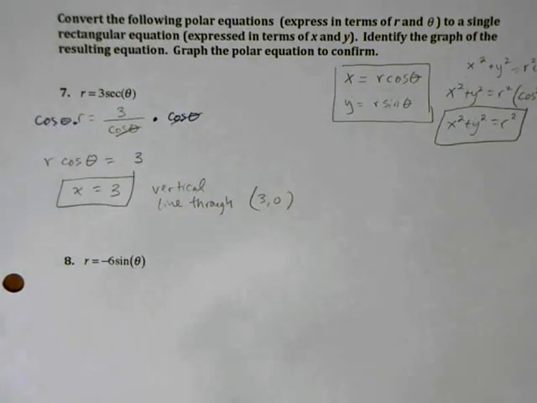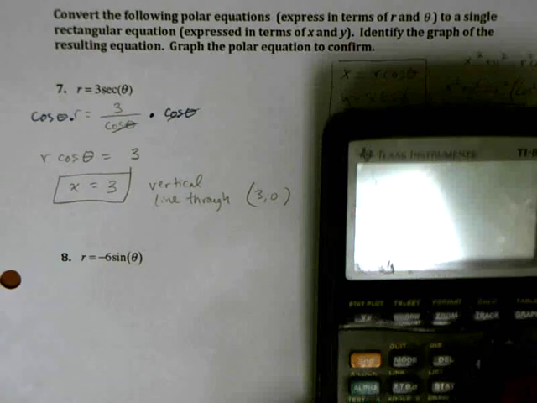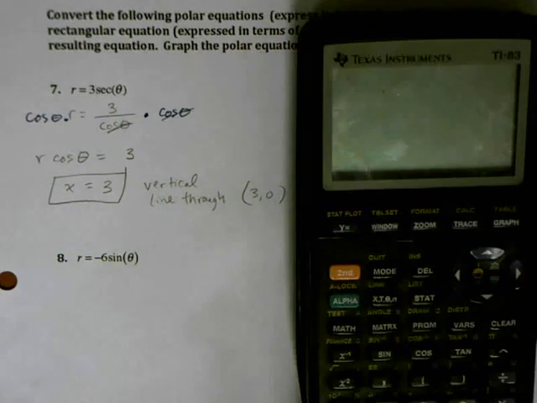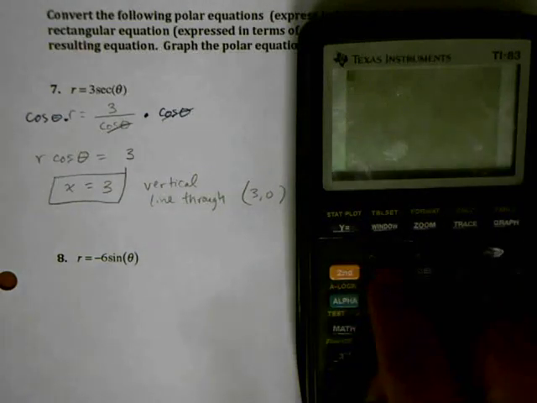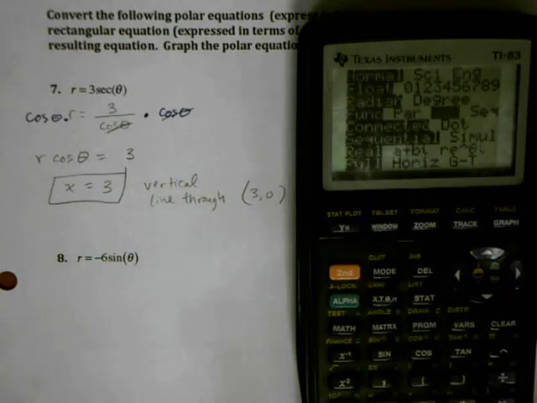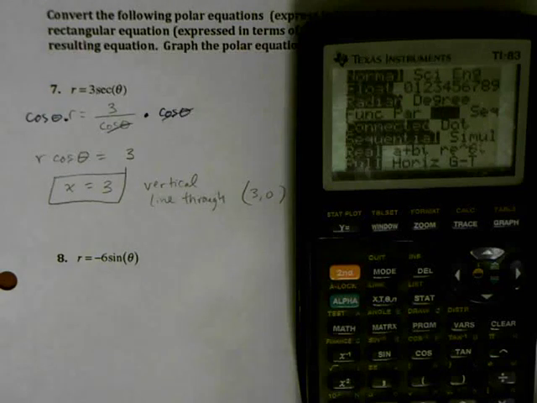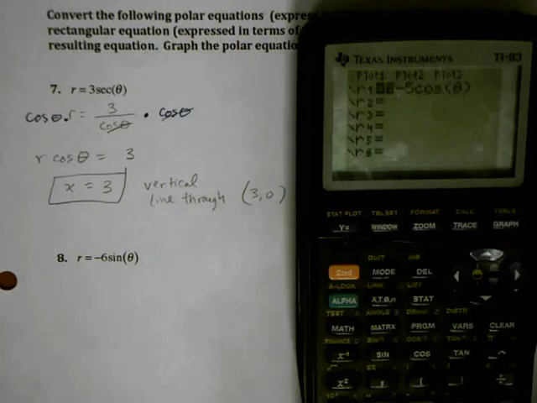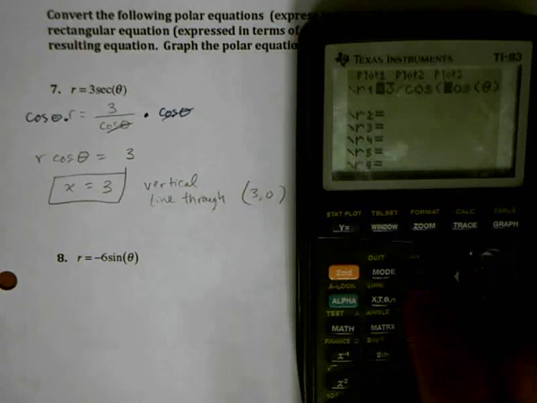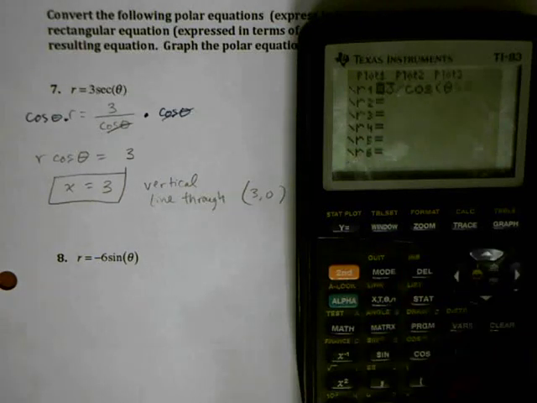And I'm going to graph this on my TI-83 just to confirm. So you're going to clear out all of this here, and go into the mode. Make sure that we are looking at polar mode, and then we're going to hit y equals, and we'll graph 3 divided by cosine of theta.